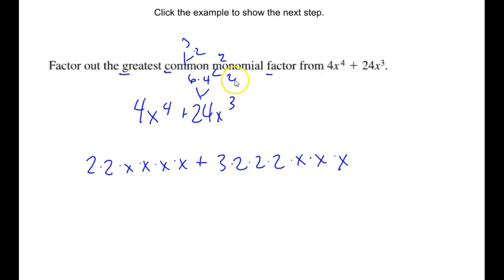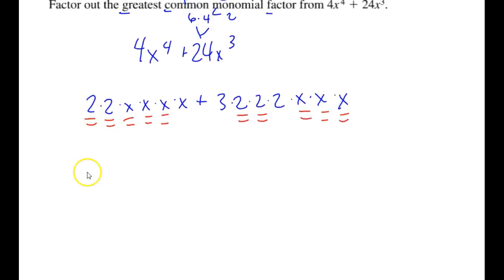So now I'm trying to figure out the greatest common things between them. Well, here I see I have a 2, and I have a 2, but I have another 2, and I have another 2. So now I see I've got 3 x's over here, and I've got 3 x's over here. So I can pull all of those things out from my terms.